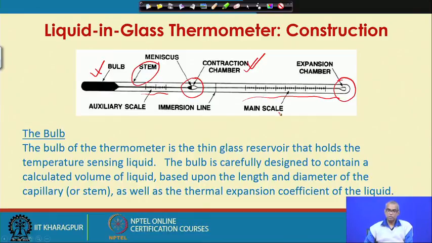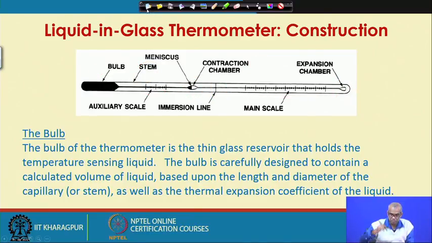Some thermometers indicate a mark on the stem, which is known as immersion line. So, now we will talk about these in a little more detail. We will start with the bulb. The bulb of the thermometer is the thin glass reservoir that holds the temperature sensing liquid.